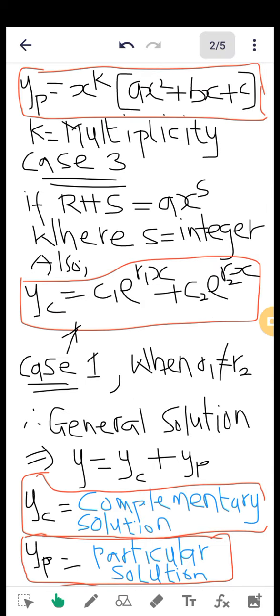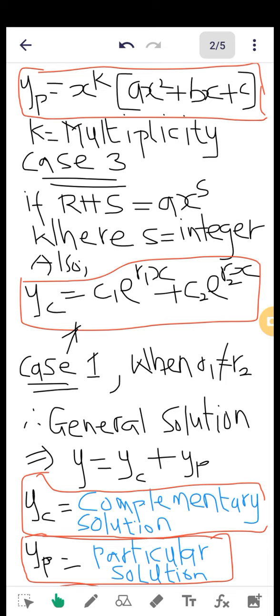If r, there's a condition we have to know. If r equals 0 is not a solution, then my k is 0.